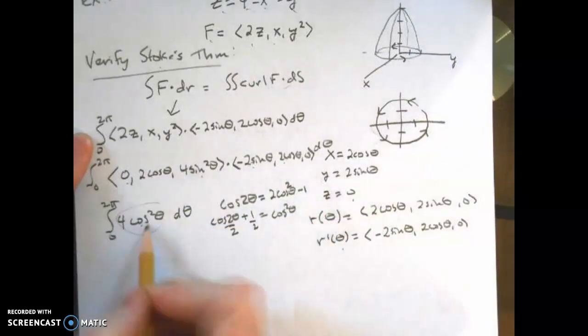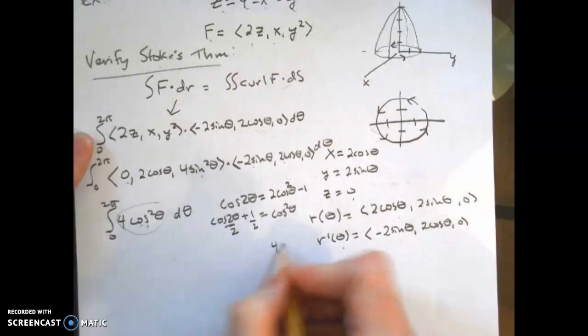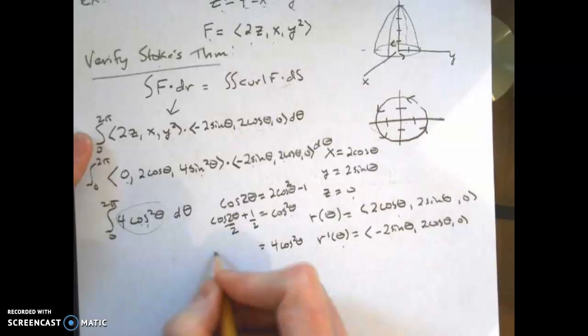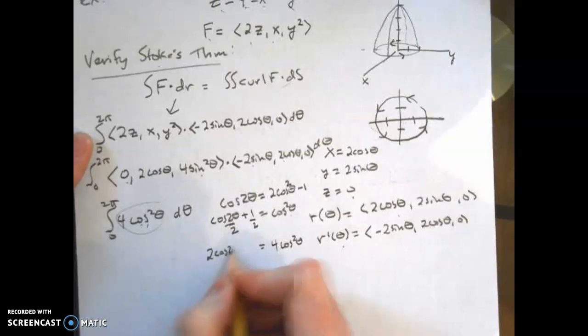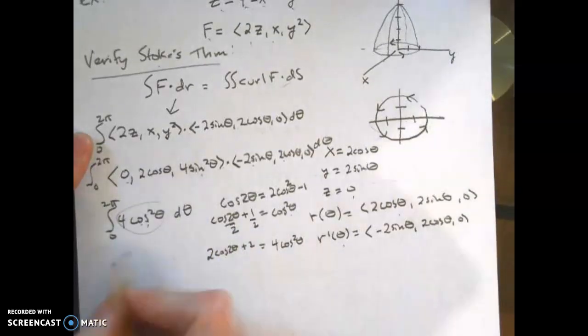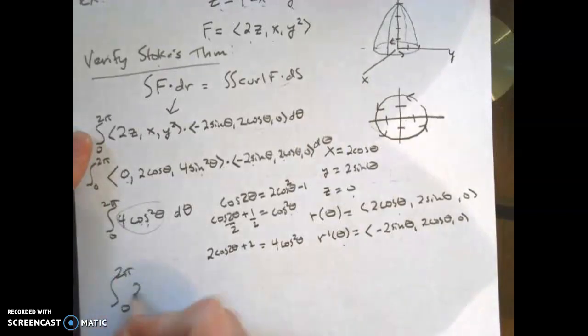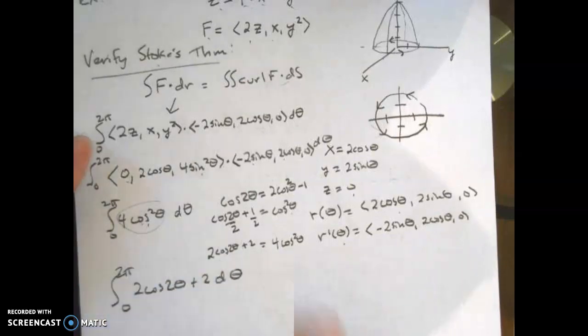Okay. We want 4 cosine squared theta, so multiplying by 4, 4 cosine squared theta is going to be equal to 2 cosine 2 theta plus 2. So we want to integrate from 0 to 2 pi of 2 cosine of 2 theta plus 2 d theta.